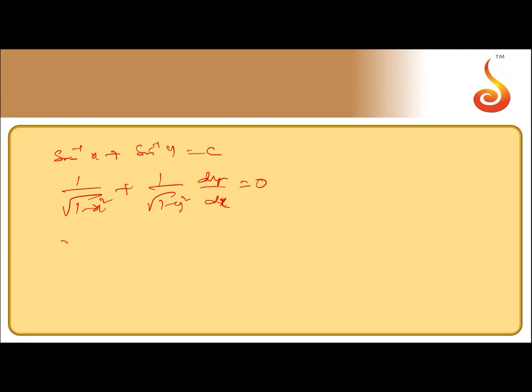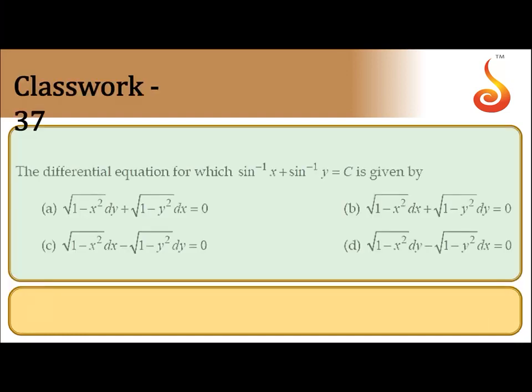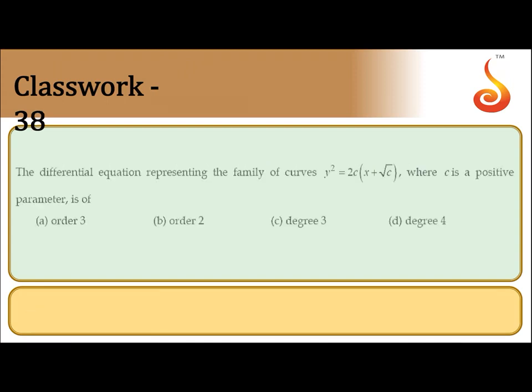If you take LCM, I hope you'll be getting root of 1 minus y square dx plus root of 1 minus x square dy is equal to 0. I think it is option A.